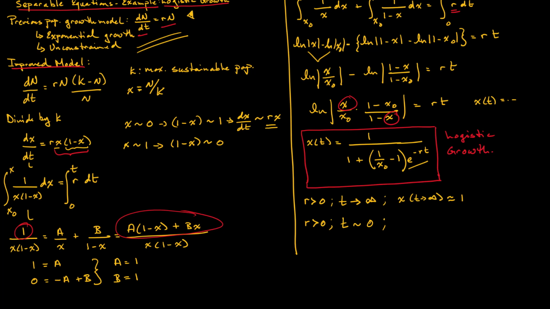So we know that e to the power of 0 will be equal to 1. So all we have is 1 minus 1, so that's 0. So we see that x for t approximately equal to 0 is approximately equal to x naught, which is our original population. And that makes sense too.